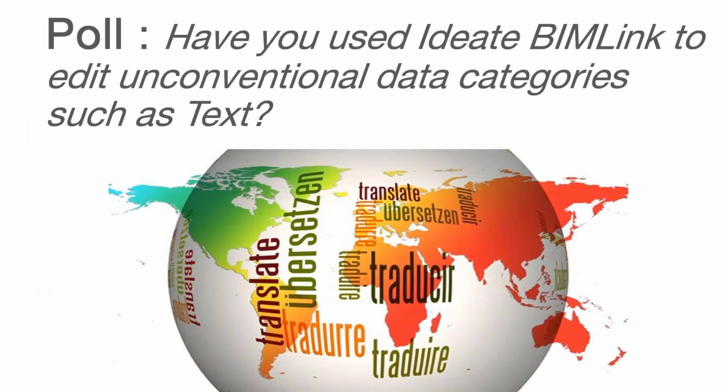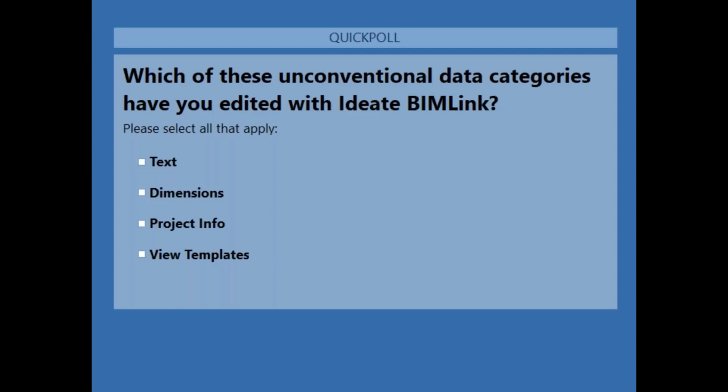Okay, we have another poll to get you excited here. Neil is going to be talking about how he used Ideate BIMlink in a non-conventional way, extracting some of the text from the project and translating that. So we'd like to know, have you used Ideate BIMlink in unconventional categories such as text?